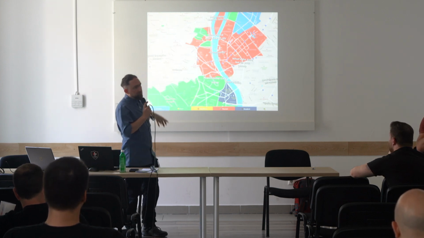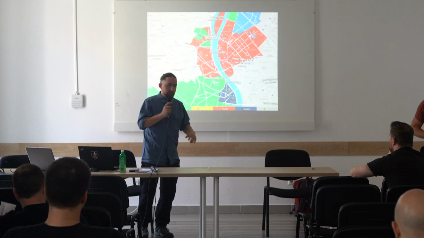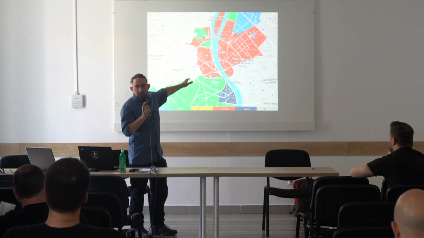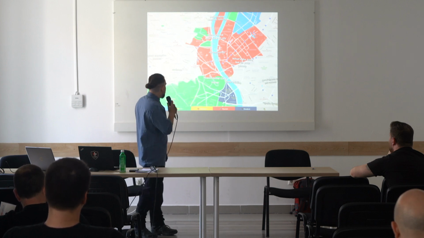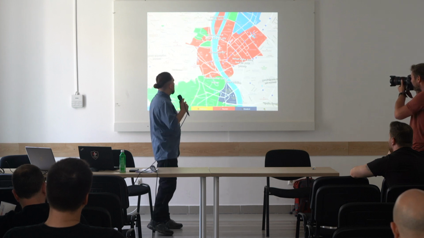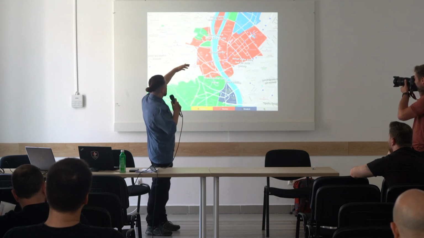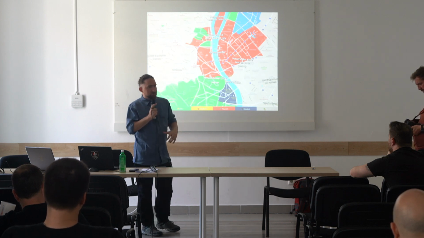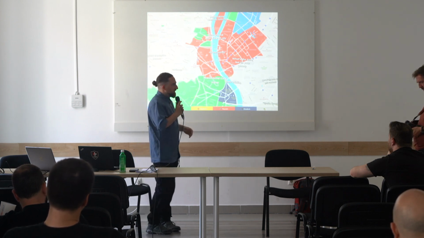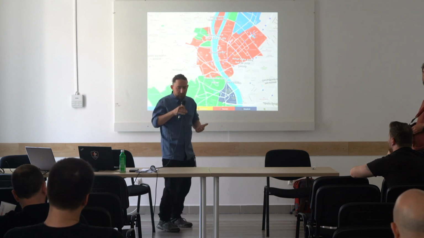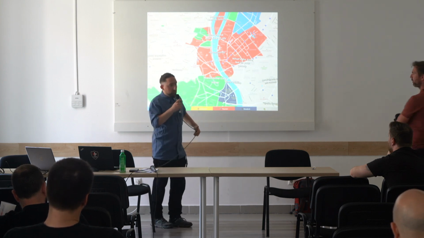This is not the map from the scenario because it's classified, but I found a random map on Google, which serves the purpose. So you have a city, you have the river, and you have certain zones that are marked with different colors. And when the exercise starts, you can say, for example, my team is responsible for, let's say, evacuation.